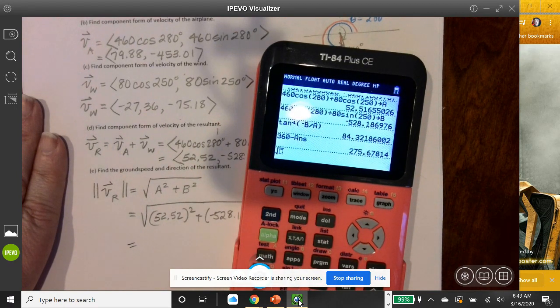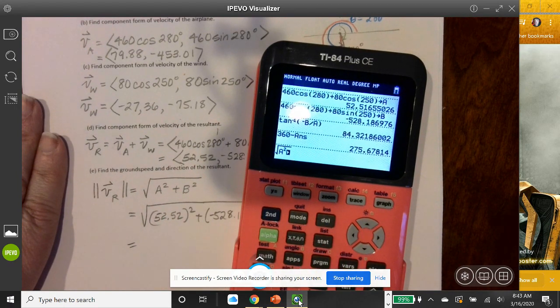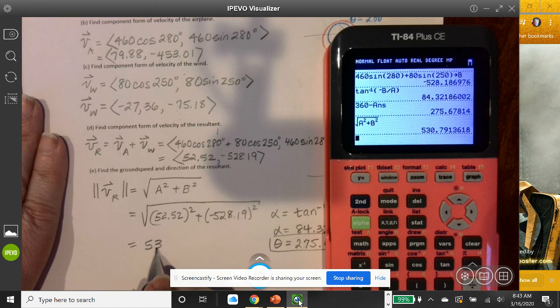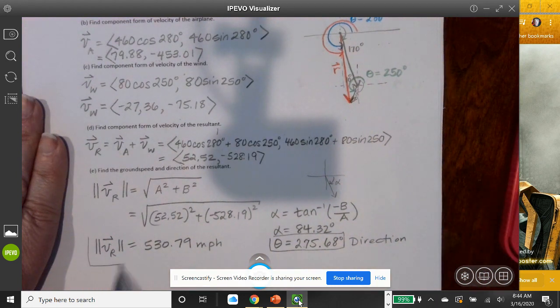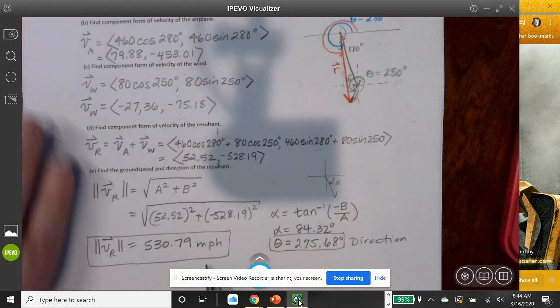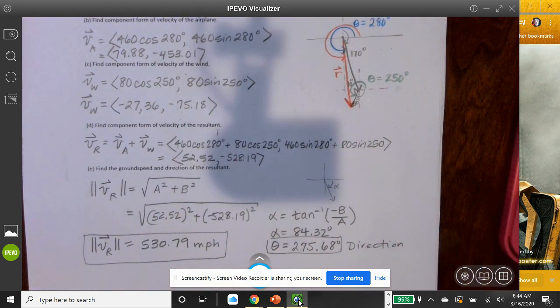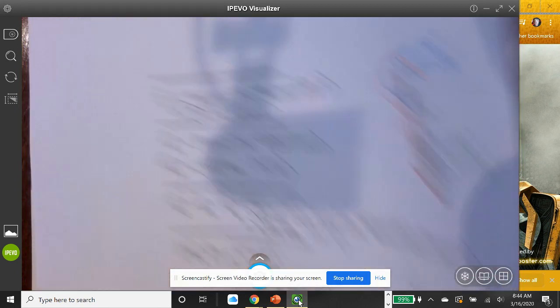Second square root, alpha A squared plus alpha B squared equals 530.79 miles per hour. That's the magnitude of the resultant. So the wind gave us some more miles per hour and changed the direction or angle of our flight. Okay, here we go. Let's do the next one.